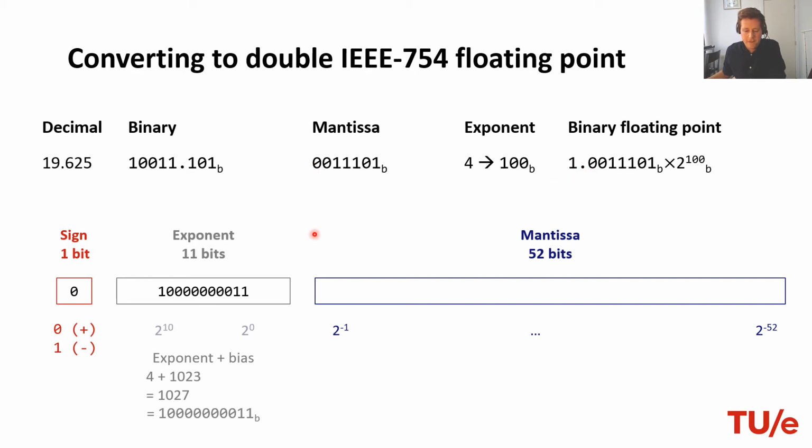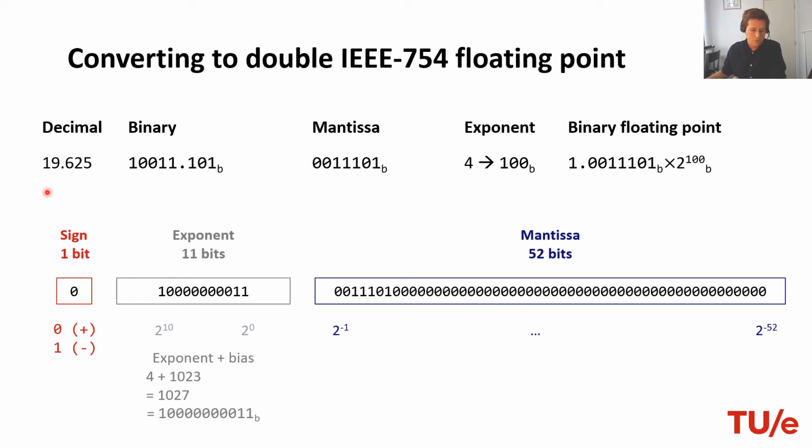So we simply fill that in from left to right and add trailing zeros for the smaller and smaller contributions, which are 0 in this case. So the mantissa here is 001101, and then we just fill this up with remaining zeros because there are no contributions from smaller powers of 2 in our mantissa.